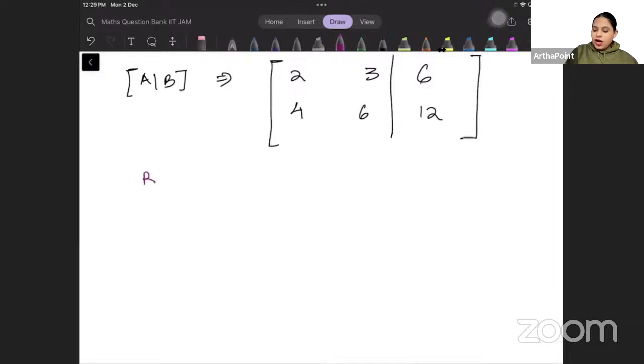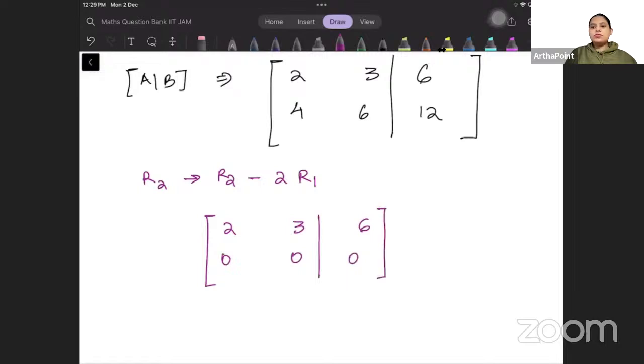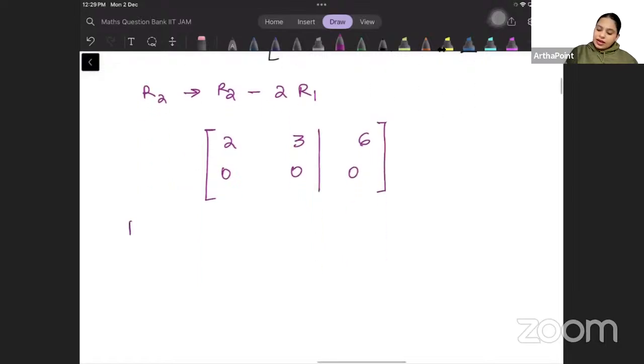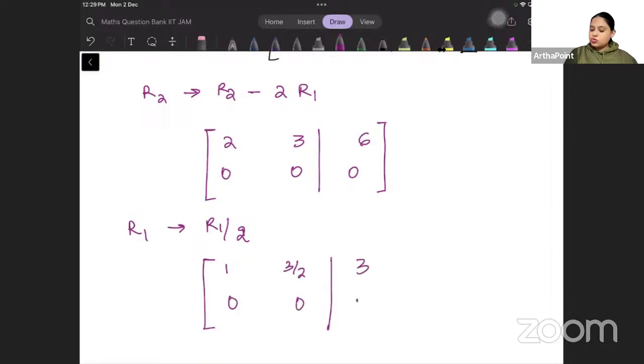R2 goes to R2 minus 2 times R1, and what will I get? 2, 3, 6, 0, 0, 0. And R1 goes to R1 divided by 2, so I'll get 1, 3 by 2, 3, 0, 0, 0.